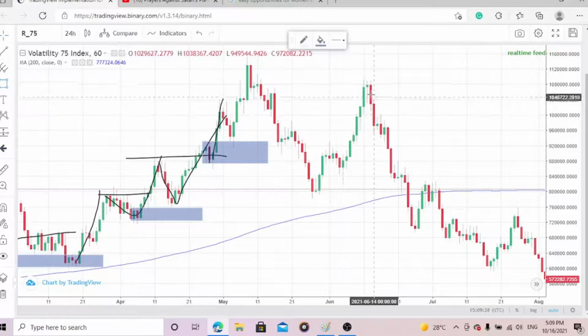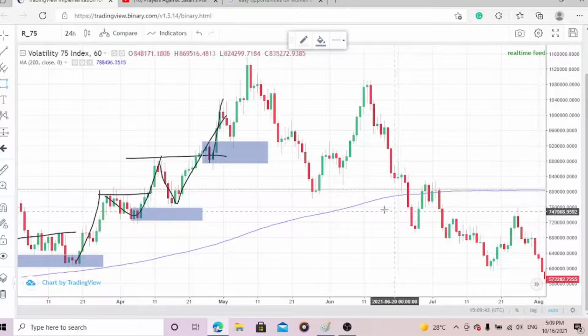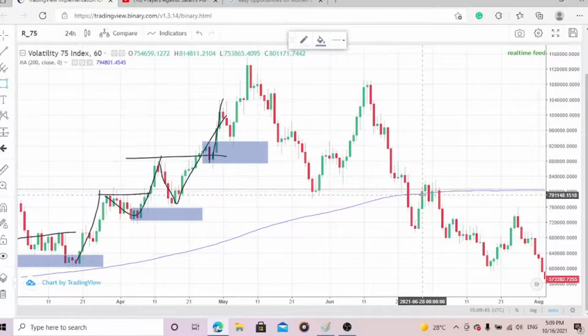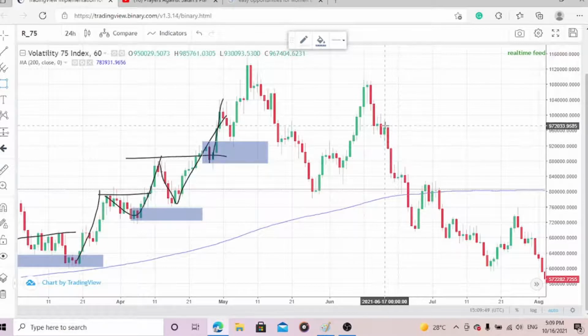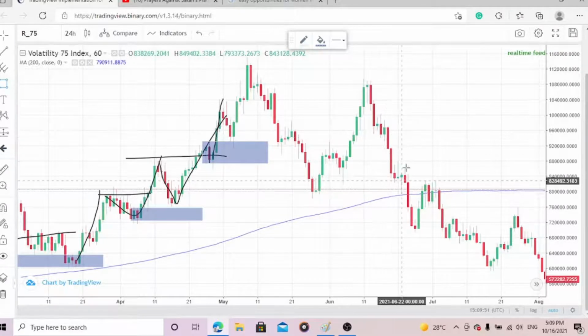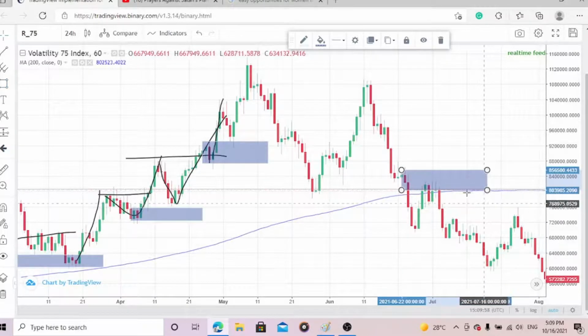This one is on the downtrend. So the market pushed down and broke structure here. This one was not tested. This one was tested, right here.